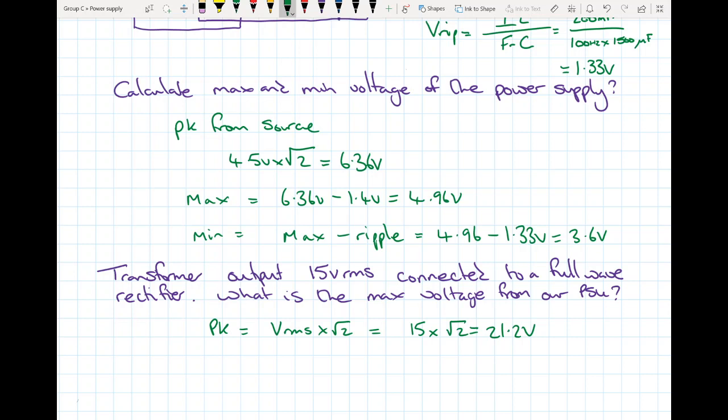So the maximum voltage from the power supply runs through 2 diodes. 21.2 minus the 1.4 gives us just shy of 20 volts output.